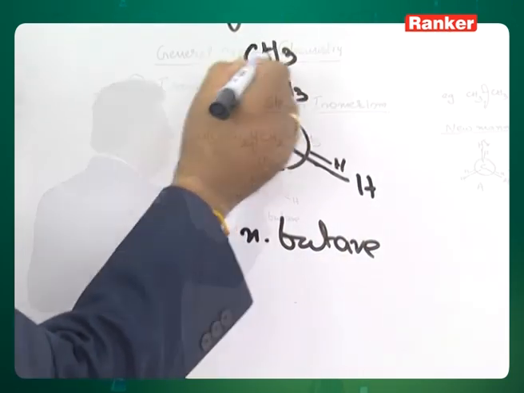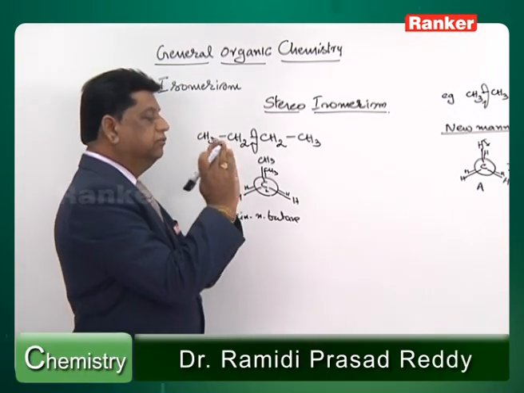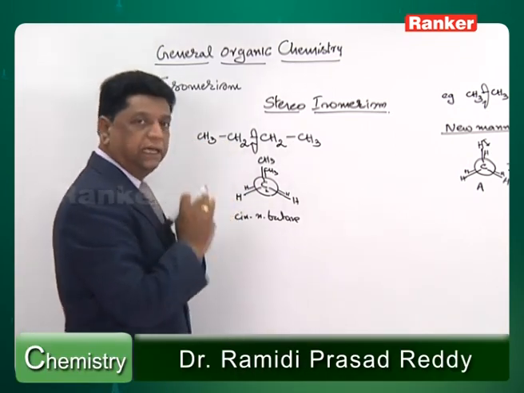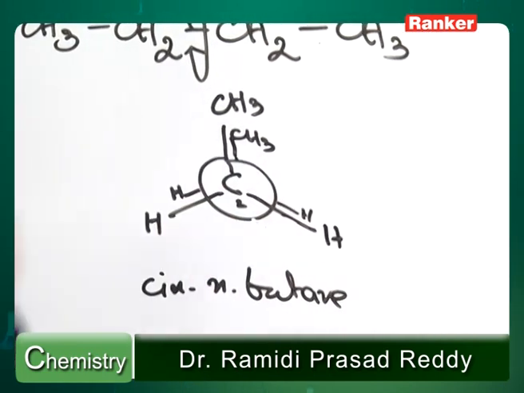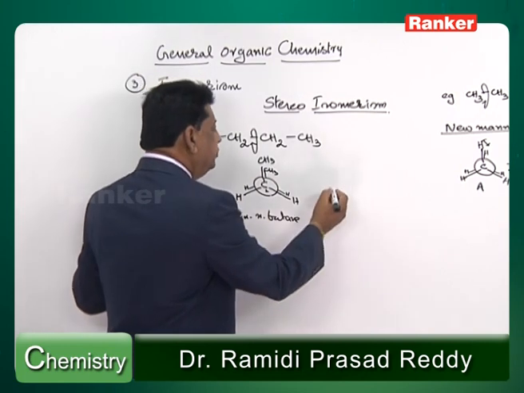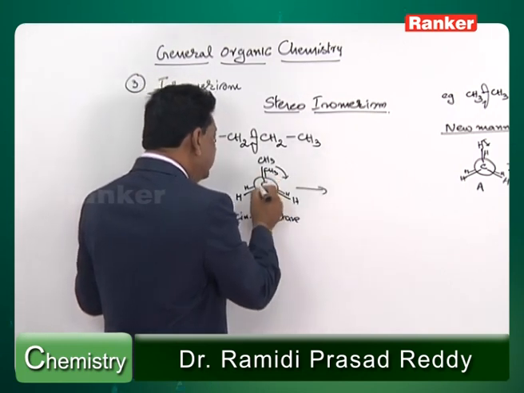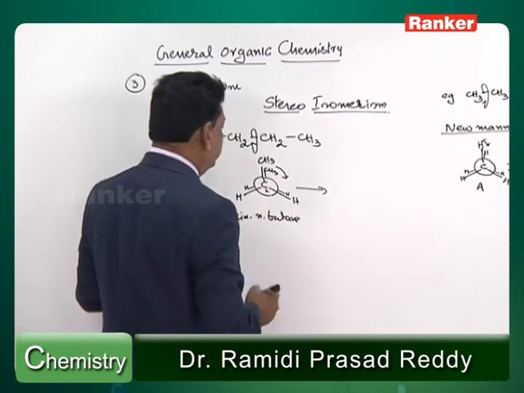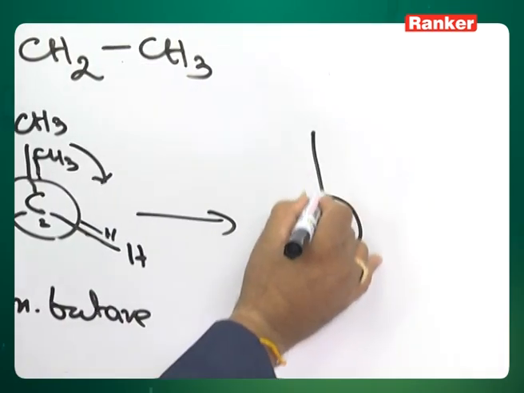So, where two methyls are exactly overlapping, actually strictly speaking the first methyl covers the second one exactly, but for the sake of studying I have written them slightly side by side. Now, you rotate 60 degrees between the second carbon and third carbon, keeping the first carbon methyl as it is.